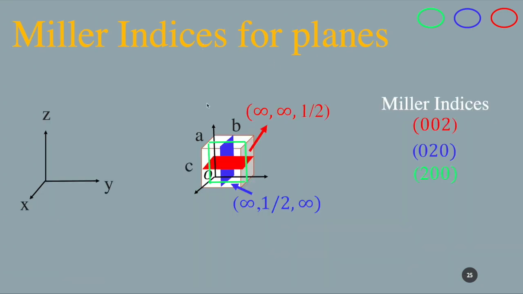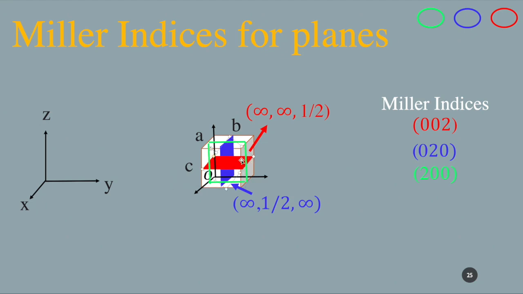We can again look for more complicated planes, for example (0 0 2), (0 2 0) or (2 0 0). Suppose the plane is here somewhere, let's imagine the red plane.